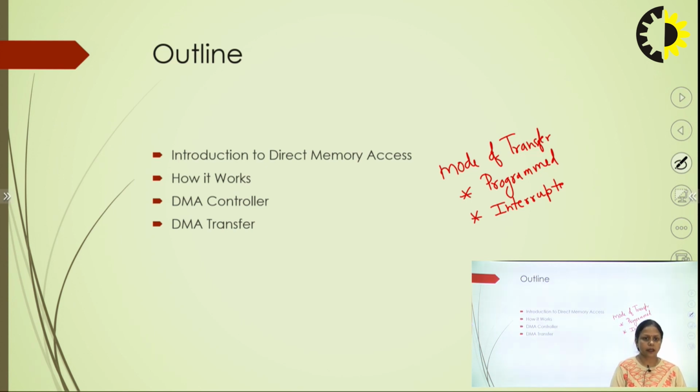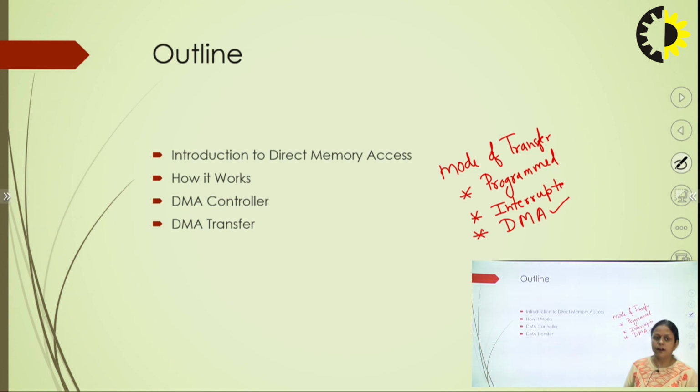But this method also has some disadvantage, like some delay, so there is another method for communication between the main memory and CPU, and main memory and input output device, that is known as direct memory access, DMA. The full form of DMA is direct memory access. It is used for communication between the main memory and input output device directly. So, this is the third mode of transfer.